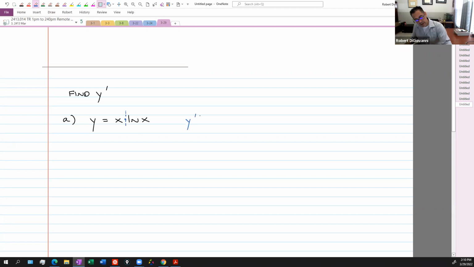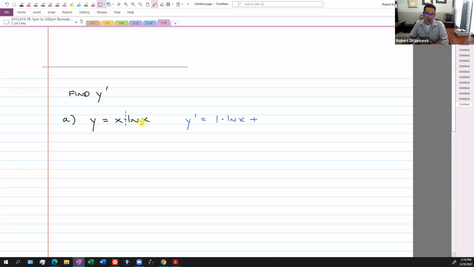So when I take the derivative, it's the derivative of the first one, which is 1, times the second one, natural log of x, plus the derivative of the second one.